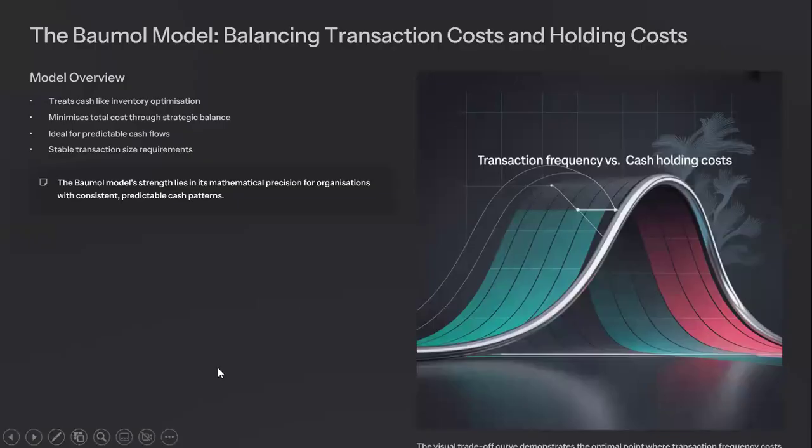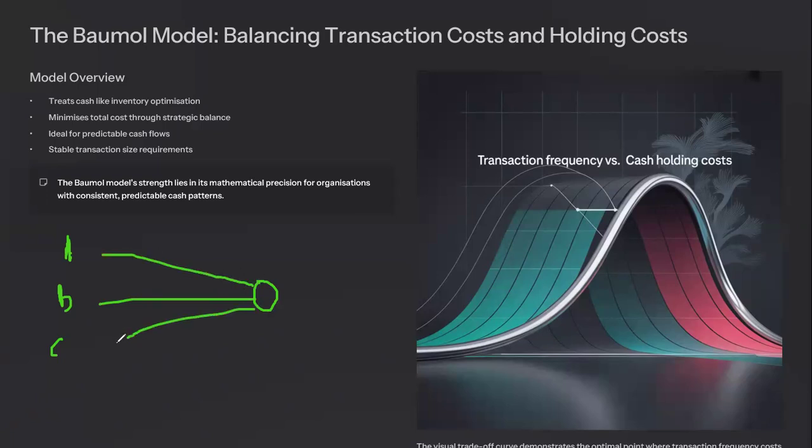So suppose I have three suppliers A, B, and C, and I have to provide the funds. I need to understand when I'm repaying them, who can give me more credit. Suppose B is giving more credit, then I have to delay his payment.